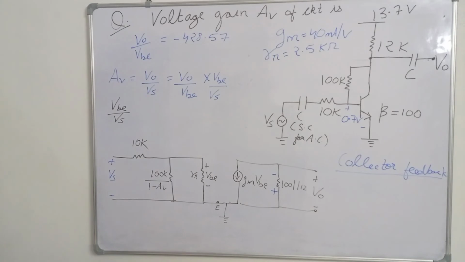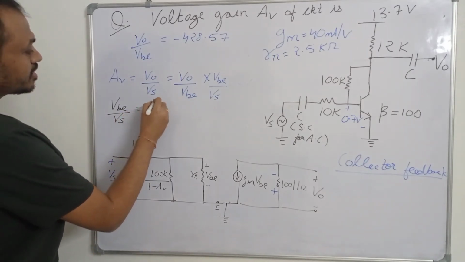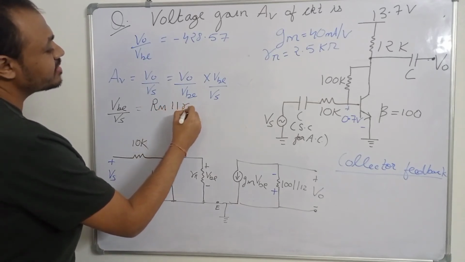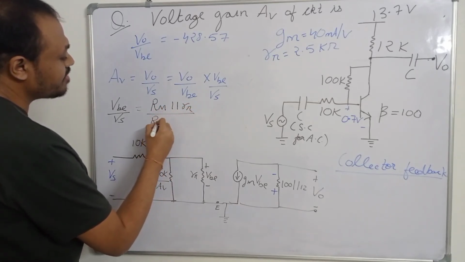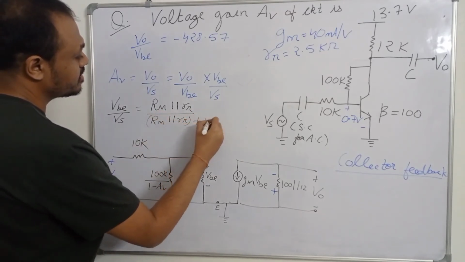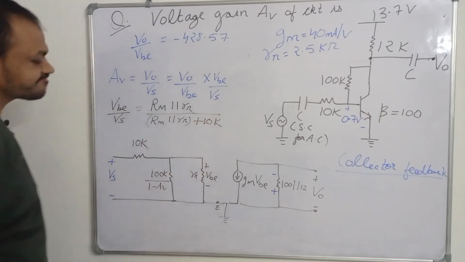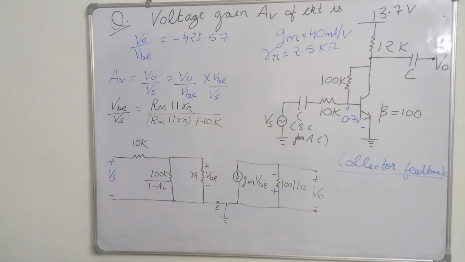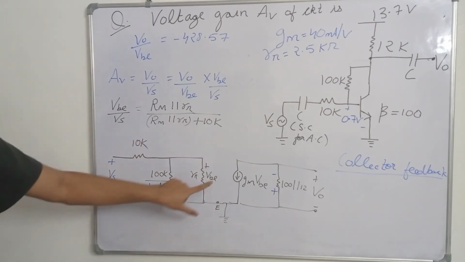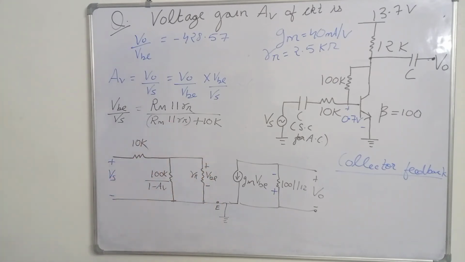So VBE upon Vs will be equal to Rm in parallel with R pi upon Rm in parallel with R pi plus 10k, because this Vs is getting divided across this 10k and this parallel combination. See, this is a parallel combination equivalent circuit.